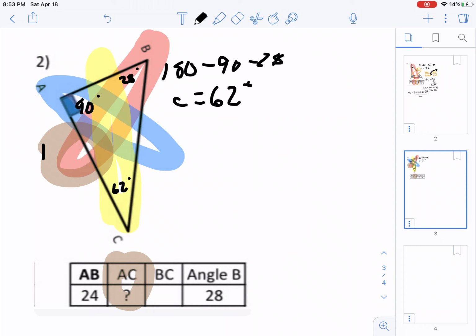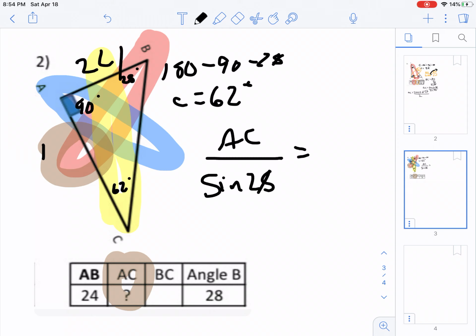For me, the thing that works is to put the thing I don't know in the numerator. So I put AC divided by sine 28, which is the angle across from it, equals, when it tells us AB is 24, 24 divided by sine 62.